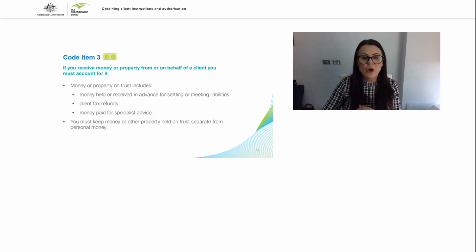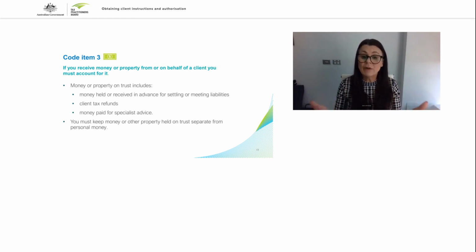To comply with code item 3, you must keep money or property that you hold on trust for a client separate from personal money or other property. You must only apply the money or property on trust for the purpose for which it was intended, and that you have the authority to hold.